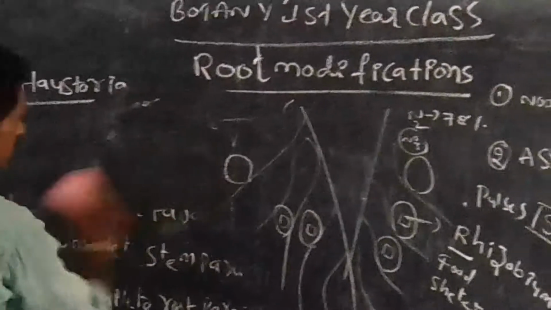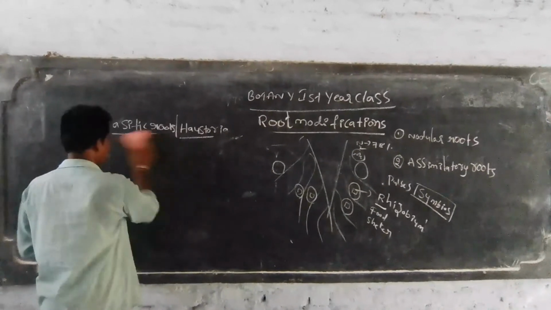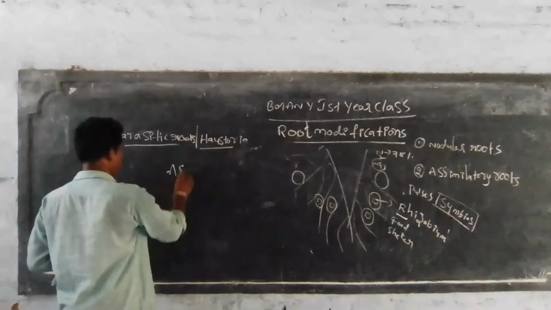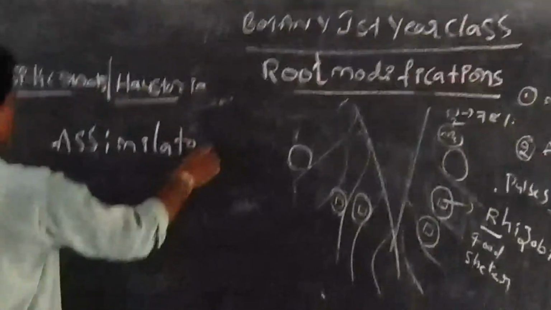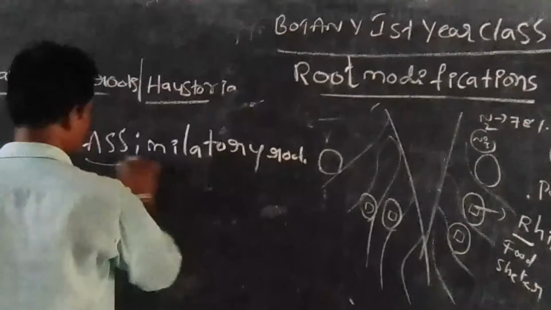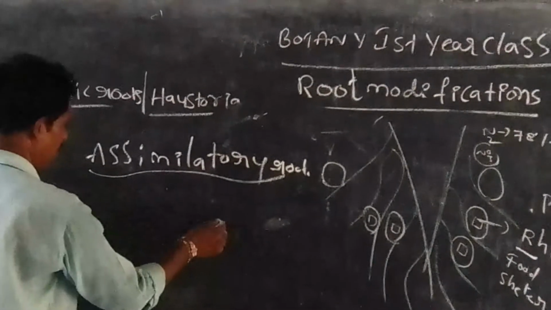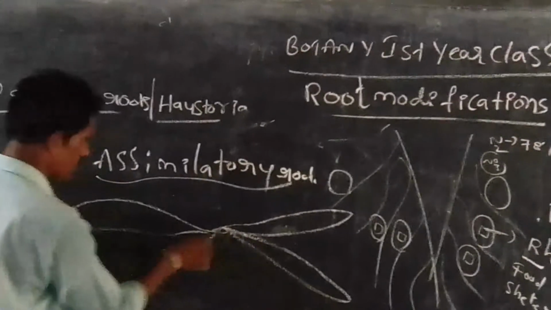The last modification is assimilatory roots. In some plants, the roots become completely green.